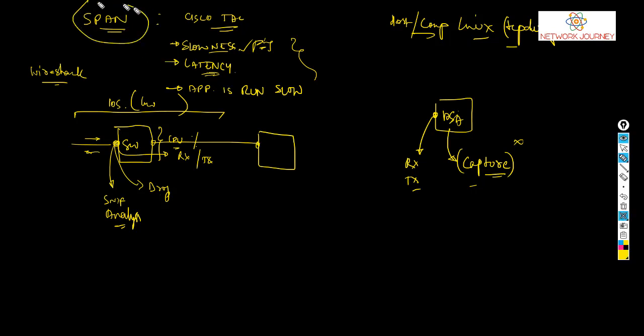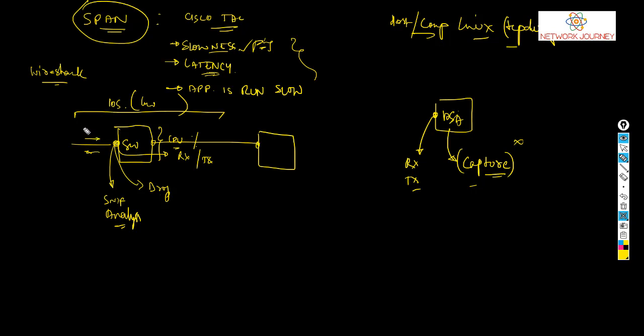SPAN is one such technology with which you can capture the packets and take them in Wireshark format, or any other sniffing tool, to see for a span of 1 minute what packets were captured and what traffic is entering and transmitting on this interface.